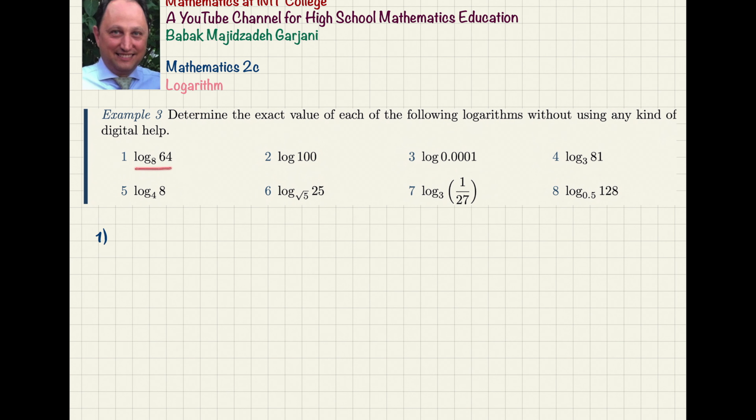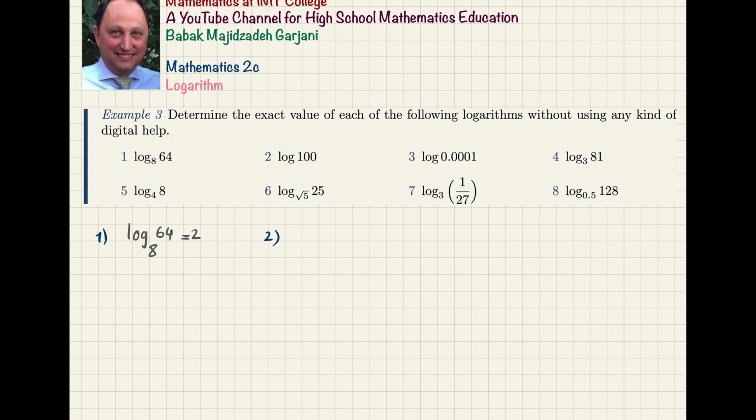When you see a log, this is asking you, can you give me a number so that when I raise 8 to that number, it becomes 64? This is so simple that I can just guess, of course. So log of 64 in base 8 is equal to 2. If someone asks you why, you would say because 8 to the power 2 is 64, and I am done. So let us go to number 2.